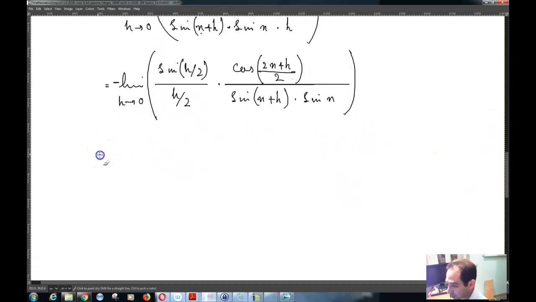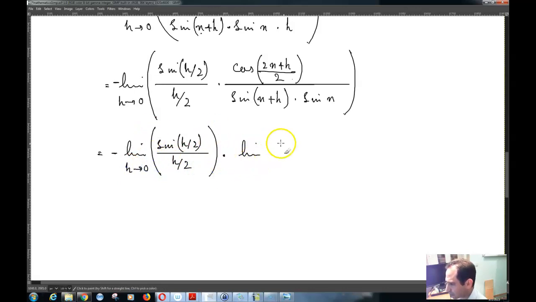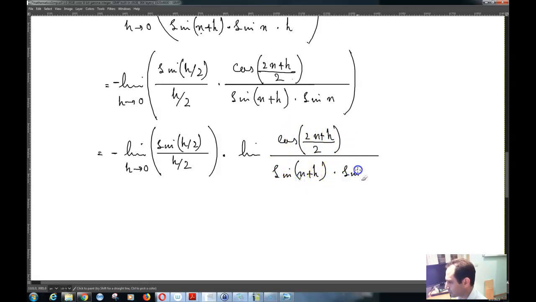So then I can write this as the negative limit of sine h divided by 2 over h divided by 2 as h tends to 0, times the limit of cos 2x plus h over 2 divided by sine x plus h times sine x as h tends to 0. Now this whole thing over here is 1.